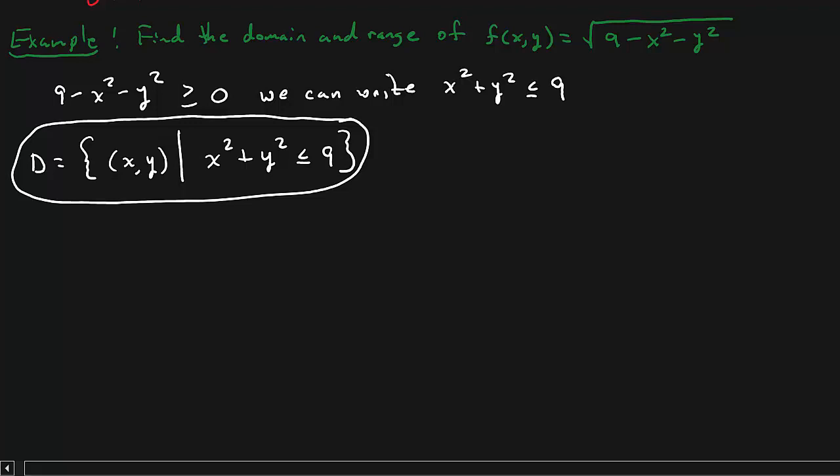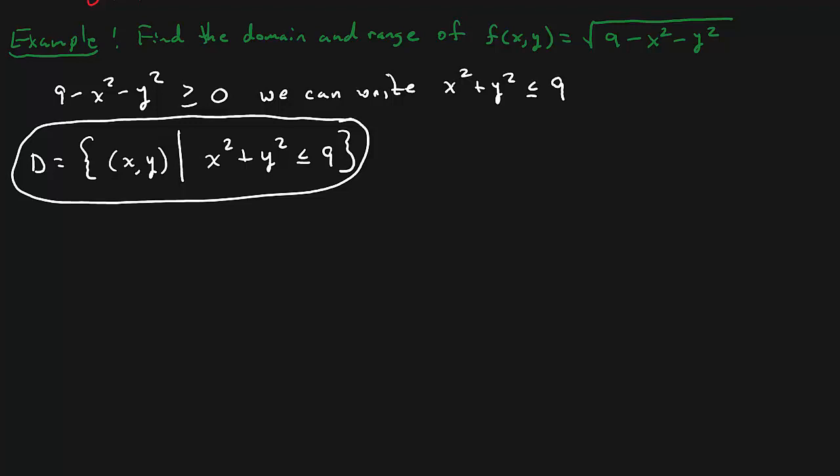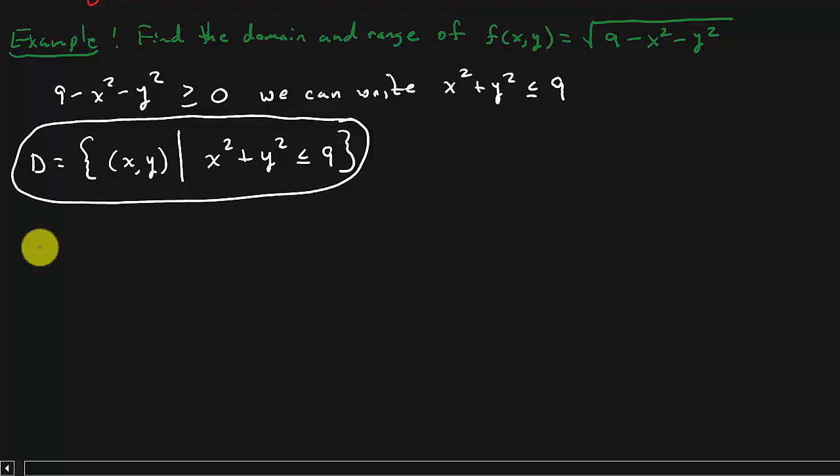So what's the range? Well, the range would be the set of all z such that, now remember what we learned at the beginning of the video, oftentimes we write f of (x, y) as z. That's what I'm doing here.